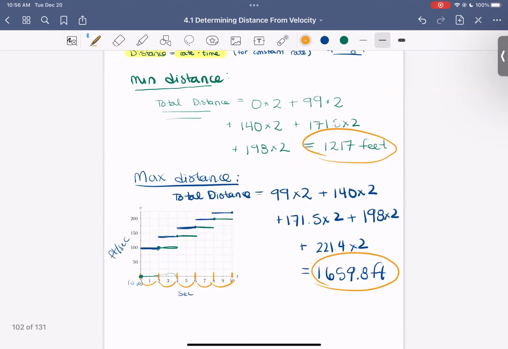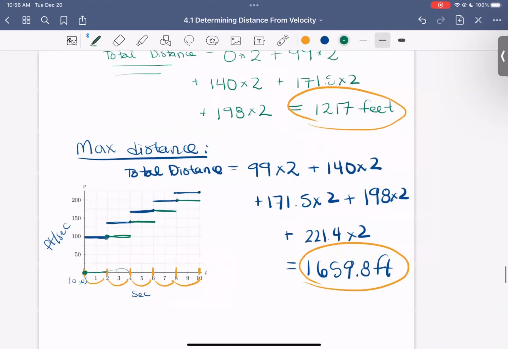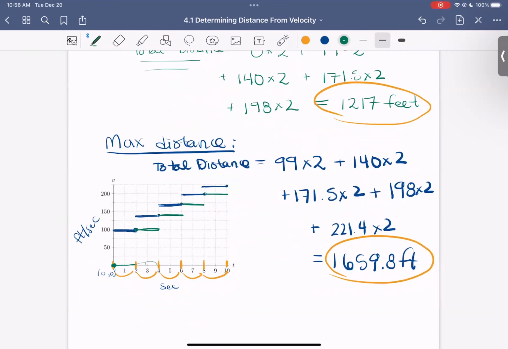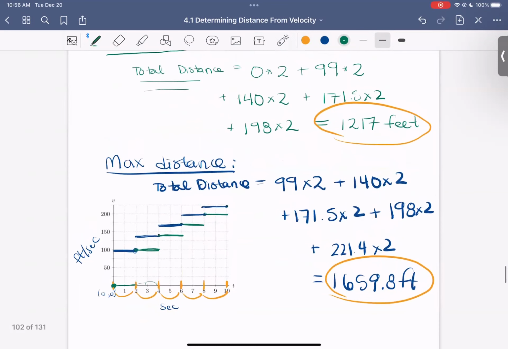Now, before we end the video, I want us to take a look at how this shows up in our graph. So notice what we're doing in each calculation here. We're multiplying the time amount of the interval times the velocity over that interval. Where do we see these values on the graph?